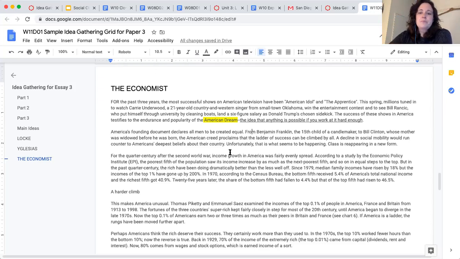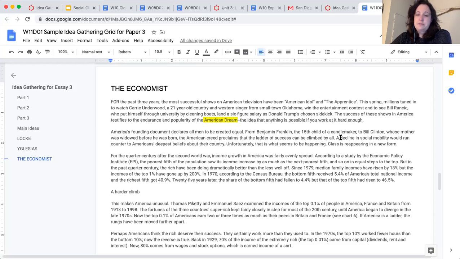So we've got some history about Benjamin Franklin and Bill Clinton, and then this idea that a decline in social mobility would run counter to America's deepest beliefs about their country.